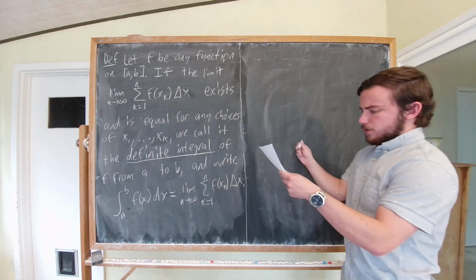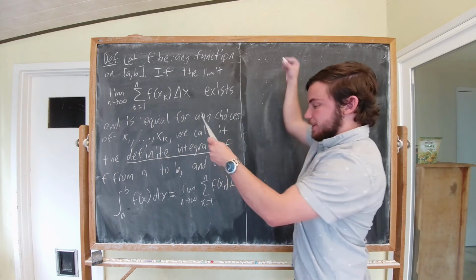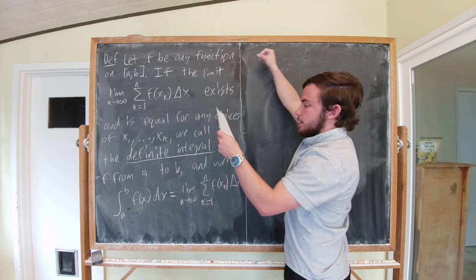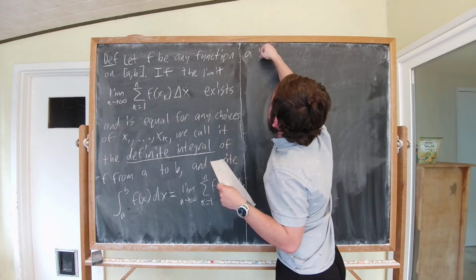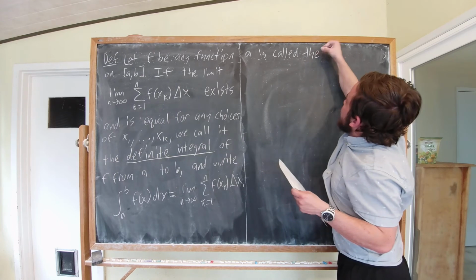All right, so some key facts of this definition, because it's a complicated one. A is called the lower limit of integration.